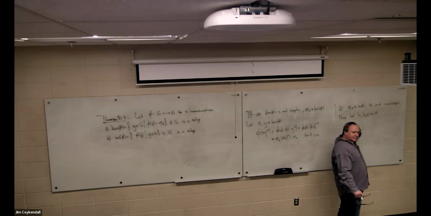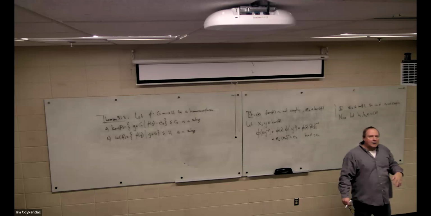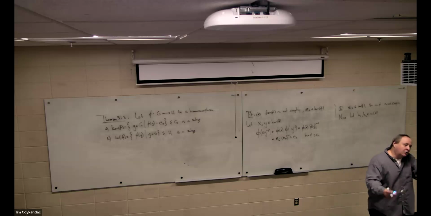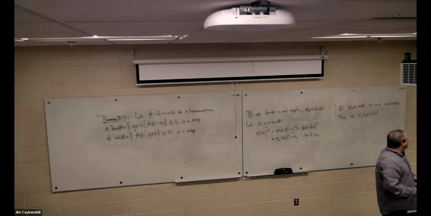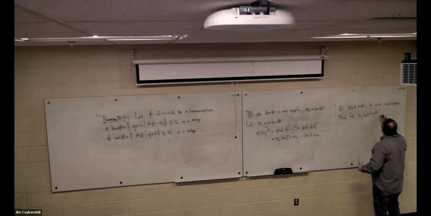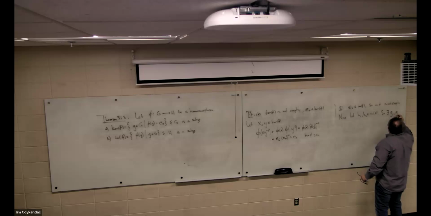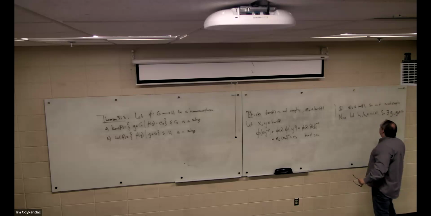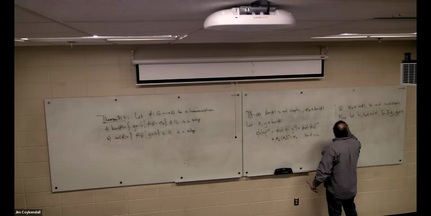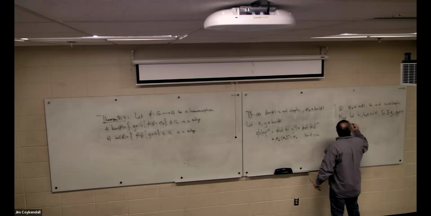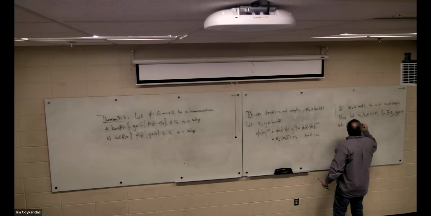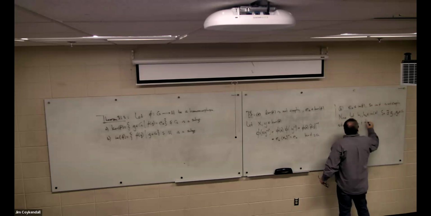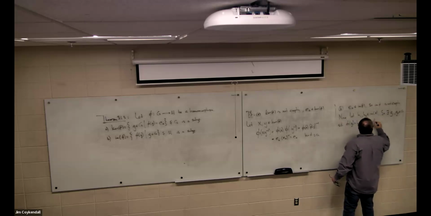There's something back in G that goes to them. So that's probably going to help me out. So there exist g1, g2 in G such that phi of g1 equals h1 and phi of g2 equals h2.